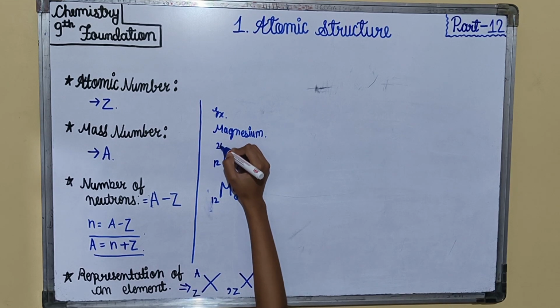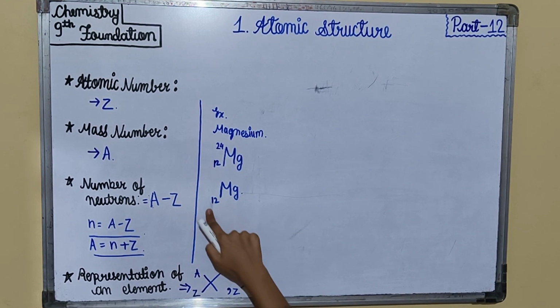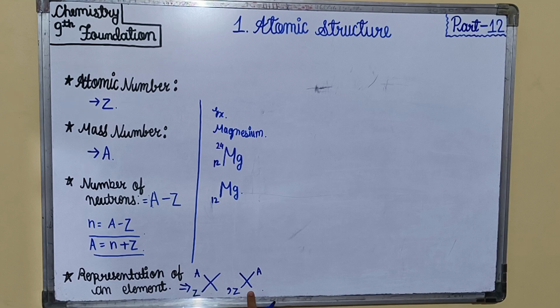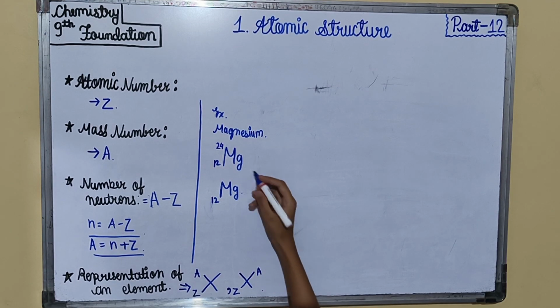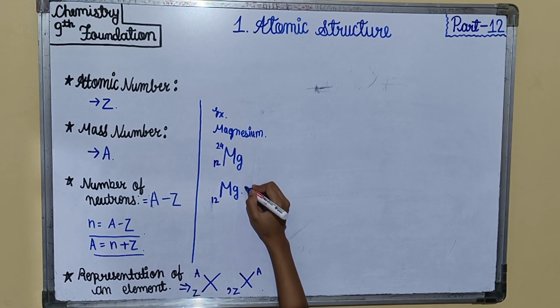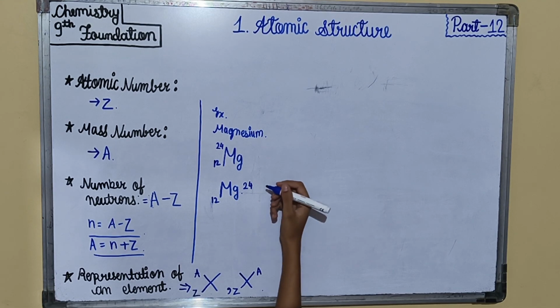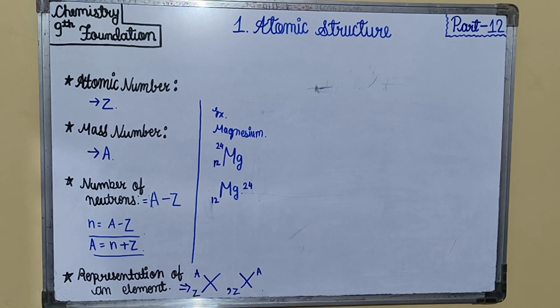So over here we'll write 24 by this method, and by this method we'll write the mass number at the right upper side, over here. Like this, any one way you can represent, both are correct ways.